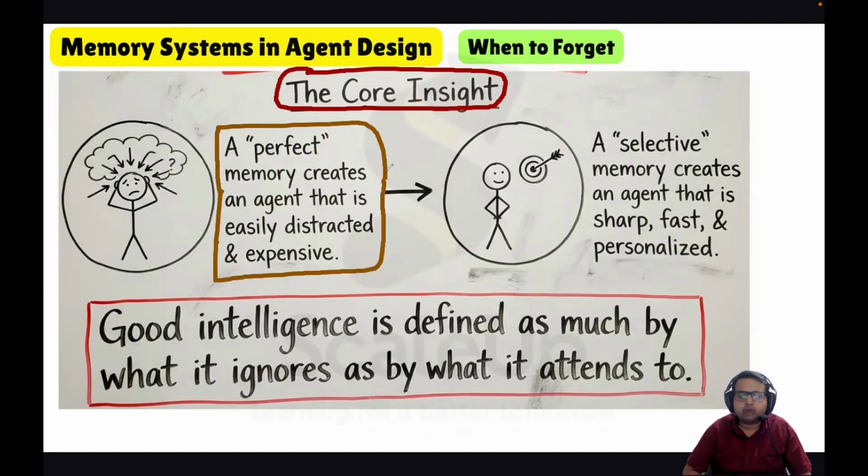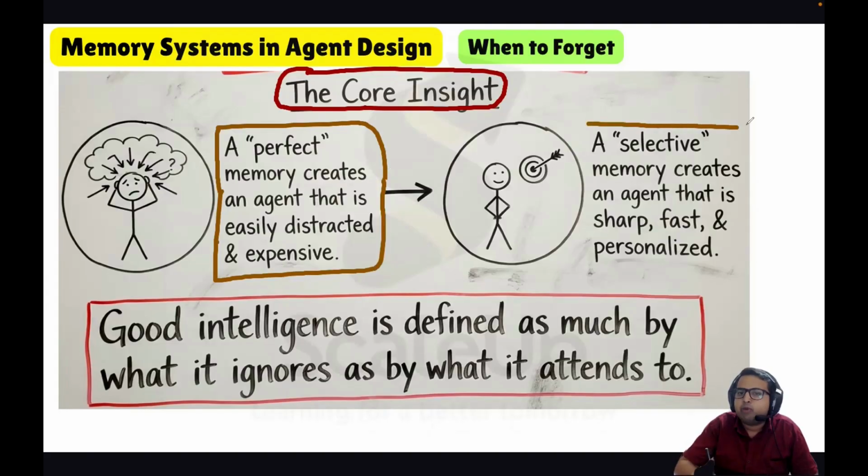A perfect memory is one which tries to remember everything, including the noise, storing everything in long-term as well as short-term memory. Since it tries to remember everything, it leads to easy distraction and can be very expensive, because we store irrelevant tokens in the context window, process them, and pay extra charges for the API, since LLM providers bill based on the number of tokens.